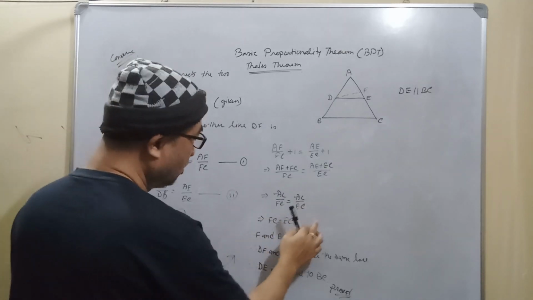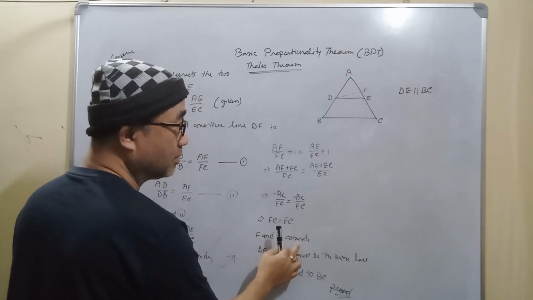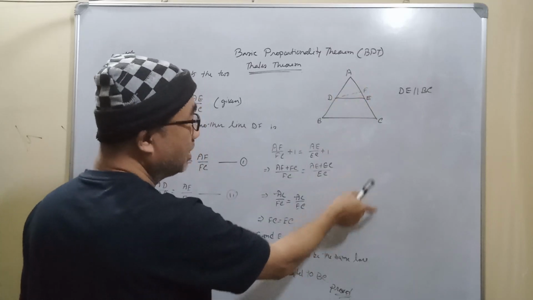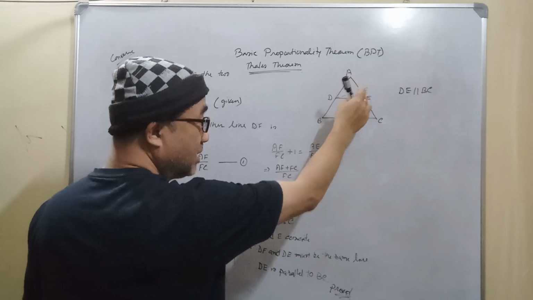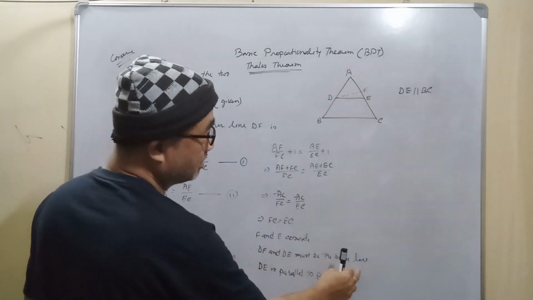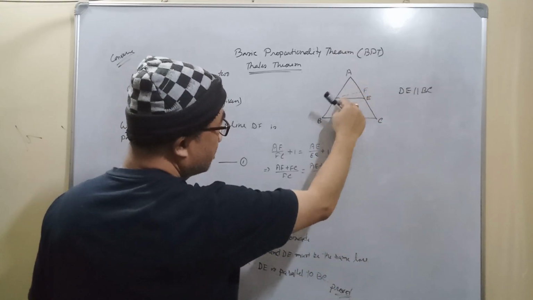And that is possible only when F and E coincide, they are the same point, because both are on the same straight line. So DF and DE must be the same line.